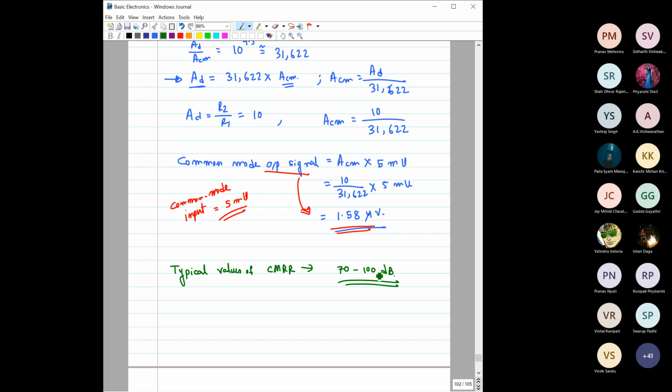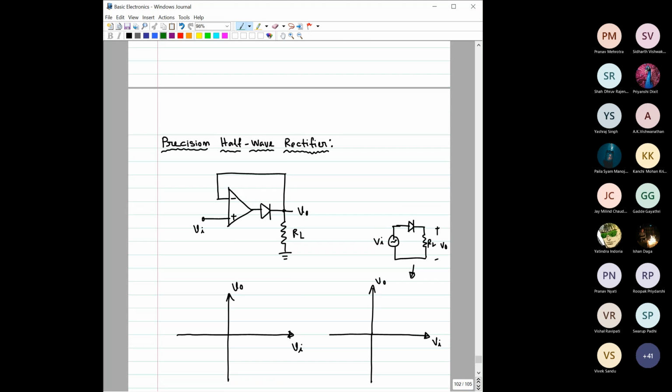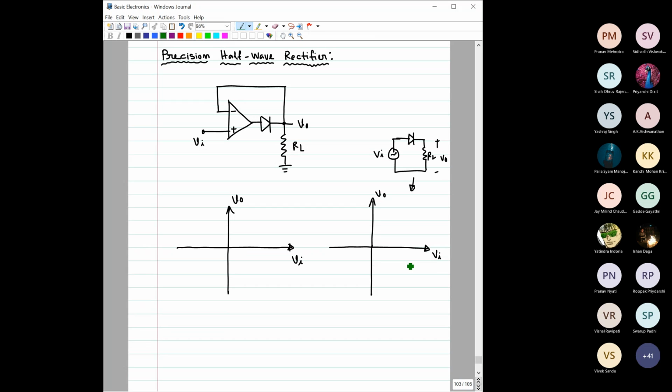So you can understand how large this CMRR is for practical op-amps. And you want this CMRR value to be as high as possible. Right. So if you have understood this part, we can move to the next section.